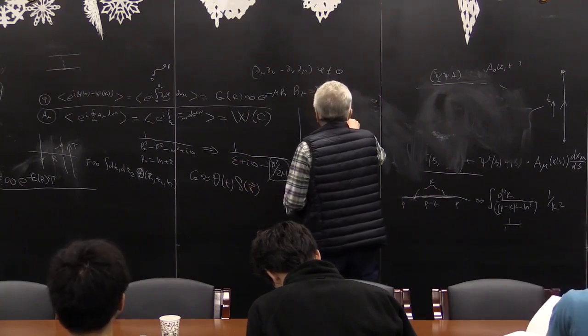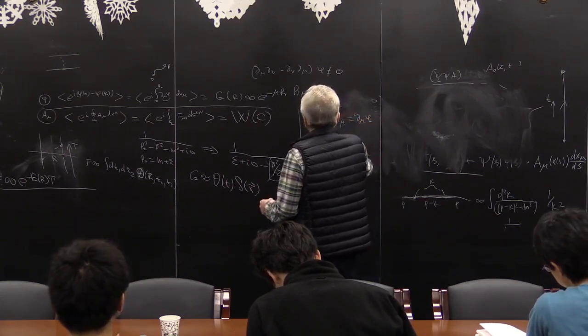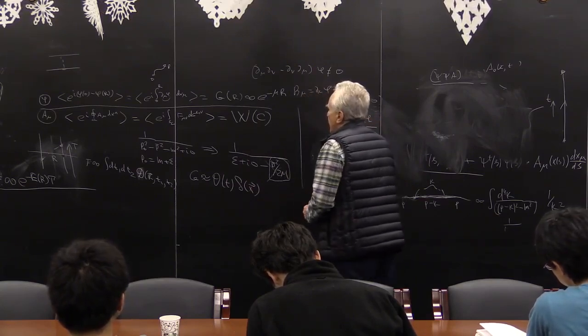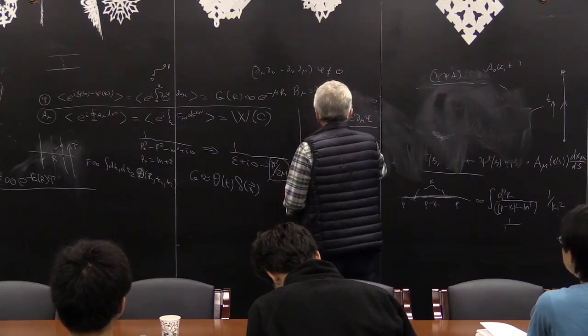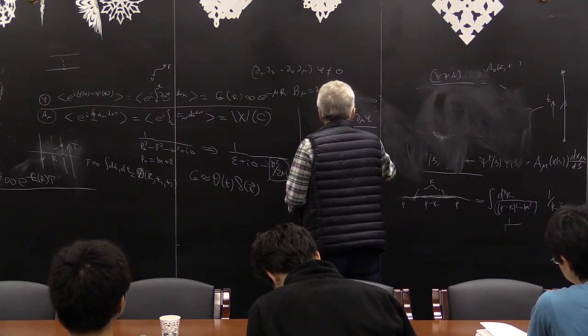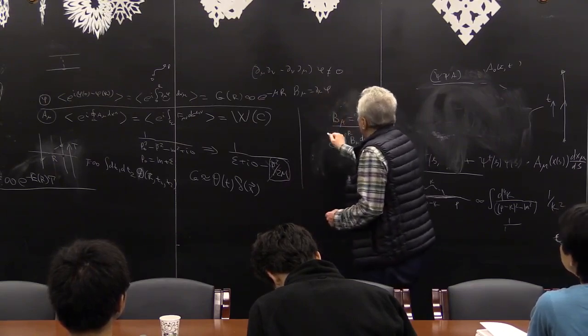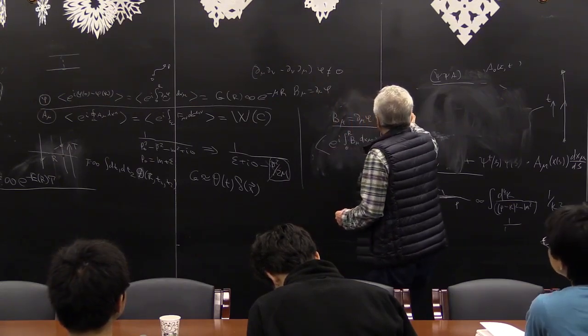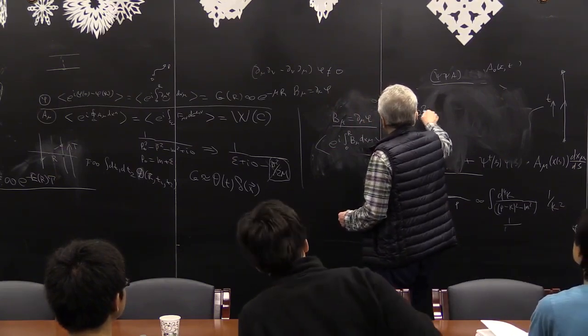Suppose for one moment we take b mu equal to d mu phi, and we write down the correlation function as the integral of b mu dx mu from 0 to r. And the Lagrangian is simply b mu square.